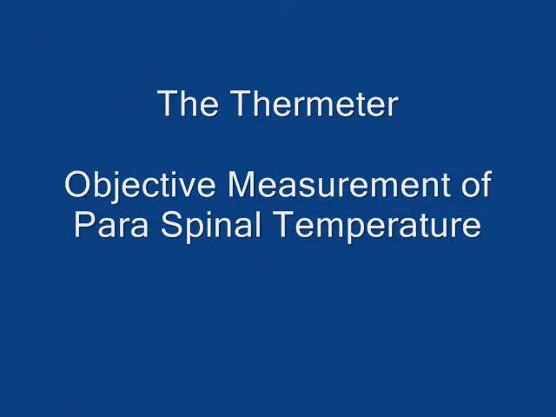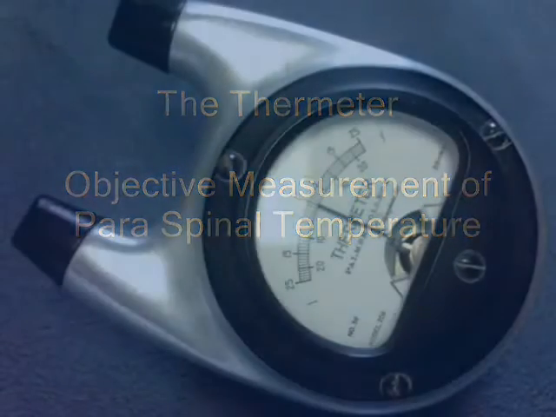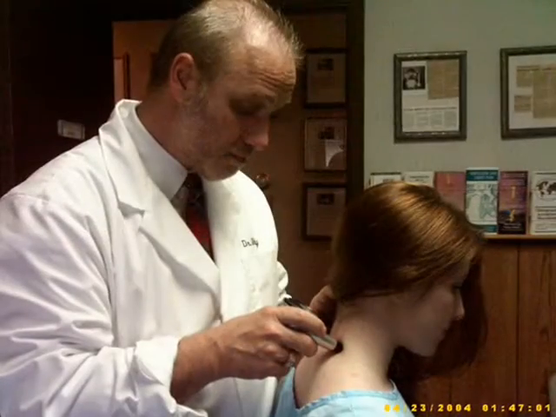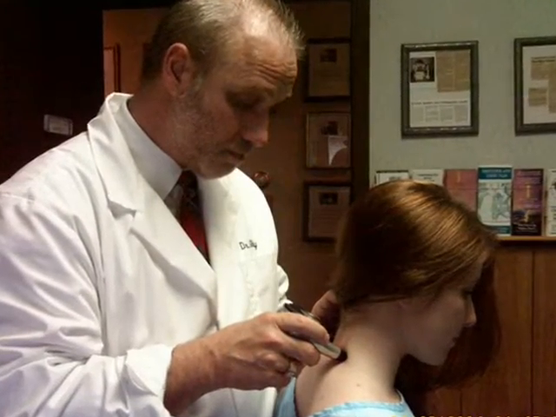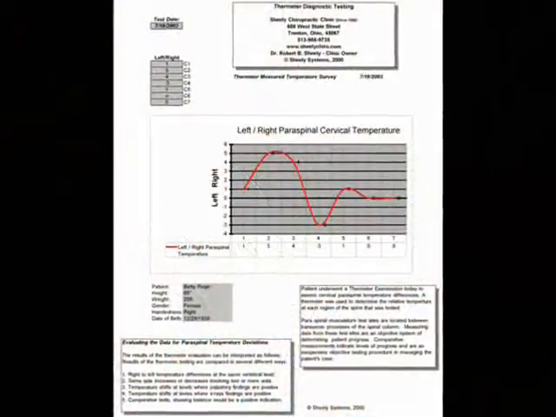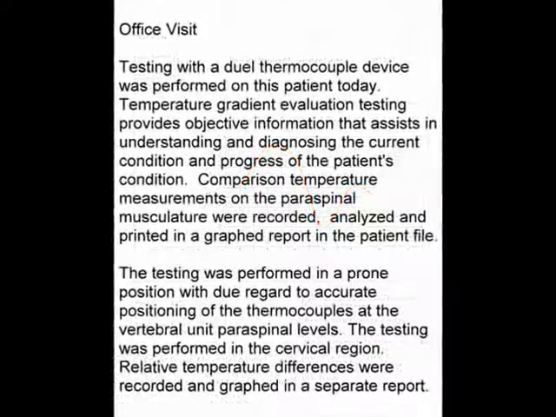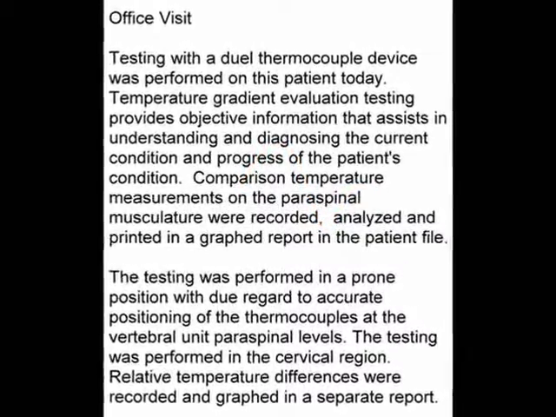The thermometer is a device that is a measurement of what we call paraspinal temperature on either side of the spine, and it shows whether it's even or pulled to the right or to the left, and we can graph that as an objective finding and again place the documentation for that in the patient's daily notes.